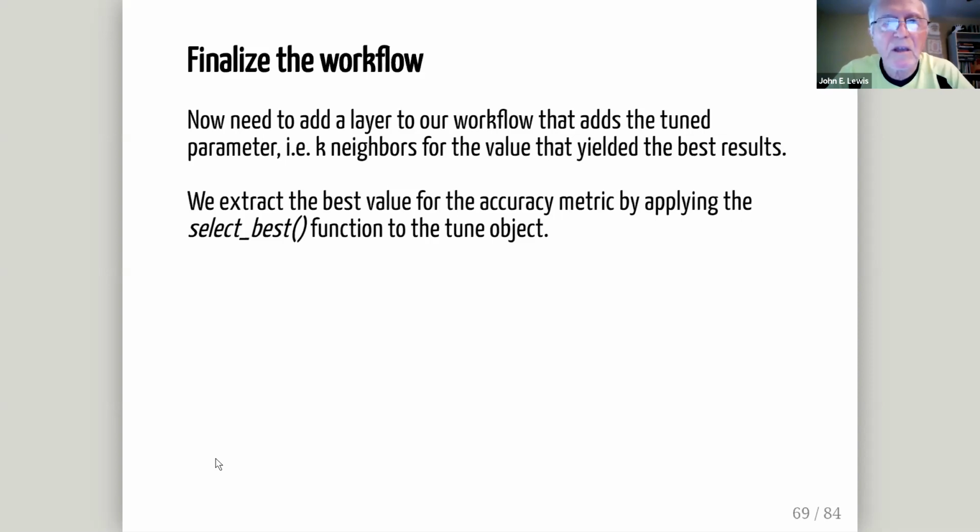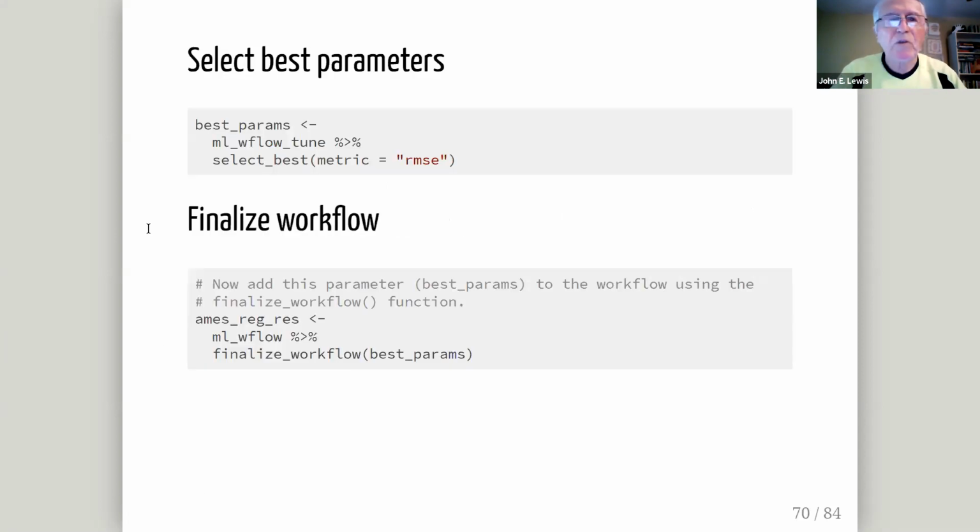And in this particular case, now we want to update our workflow. We want to select the best parameter from the tuned object. And so we do that here by, first of all, using the tuned object here, and we use the function select best, whatever metric it is that you want here.